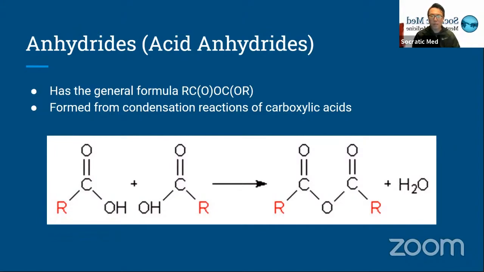But when you react two different carboxylic acids with each other, the molecule won't be symmetrical. You can see on the bottom, if the two carboxylic acids have the same R group, you form a symmetrical anhydride, but when the two R groups are different, it won't be symmetrical. It's also a dehydration synthesis because you lose water as a side product and combine two molecules into one.